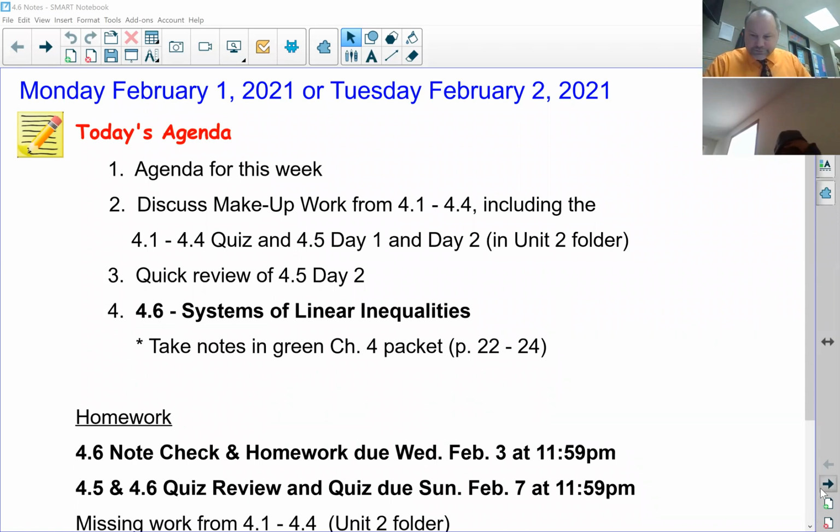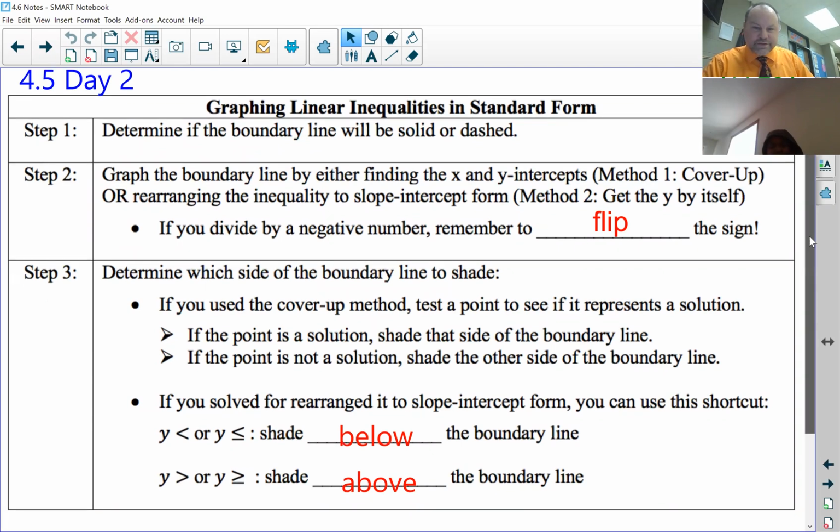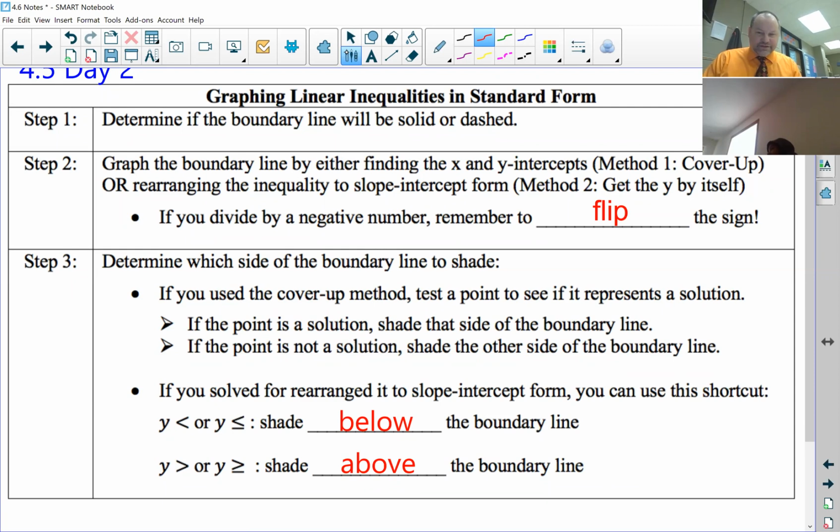All right. So just a review from last week's material, last Thursday's material. If we have an inequality in standard form, the first thing we're going to do is look at the inequality symbol to see if we have a solid or a dashed line.